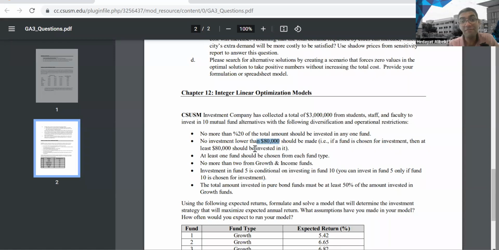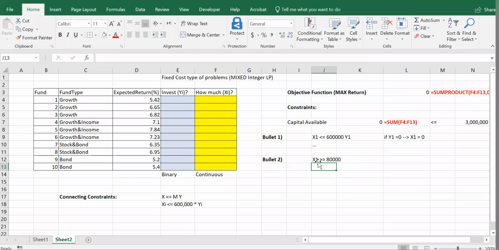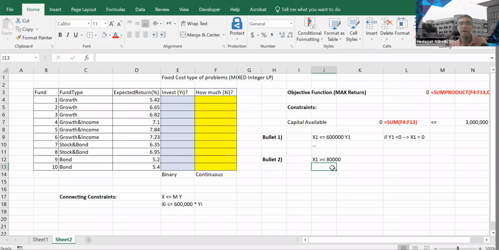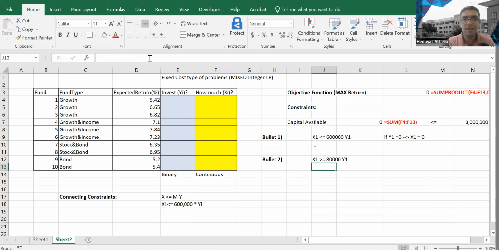It says if you invest, it has to be more than 80,000. But what this constraint is saying is that regardless of your investment decision, you invest 80,000. Jacob, you want to say something? I was just going to ask, would you add y1 again to the 80,000? Exactly. You got it. Exactly.